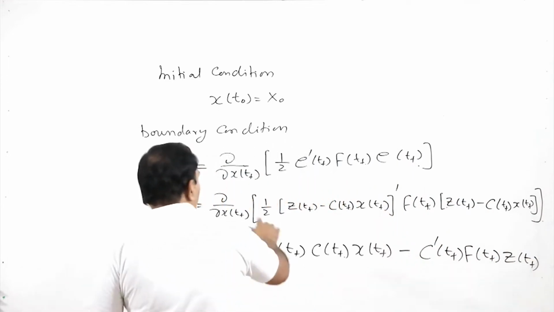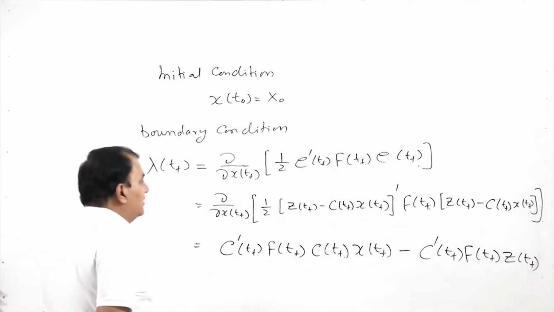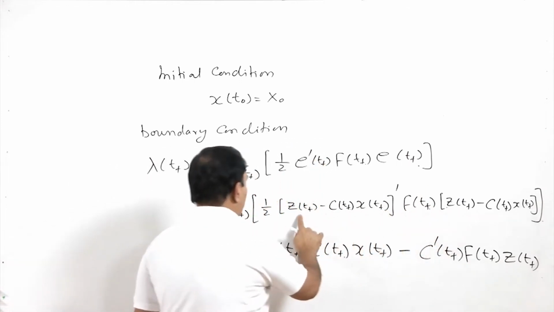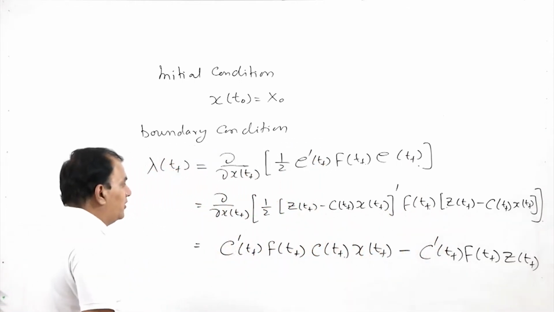So, if we expand this again, my Z T F term will be independent of x of T F, so this will not appear.